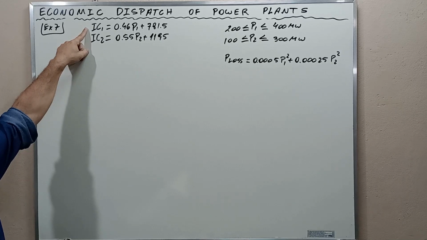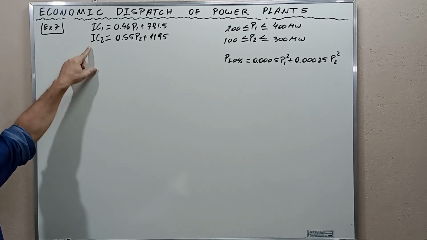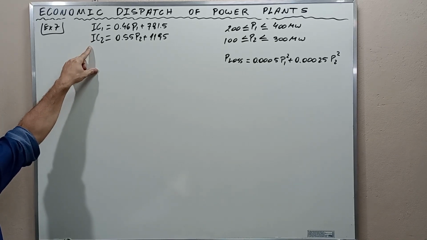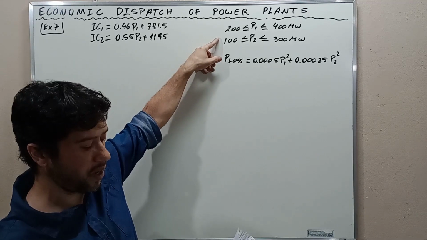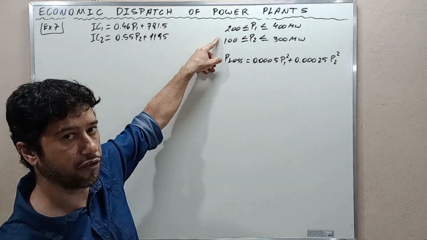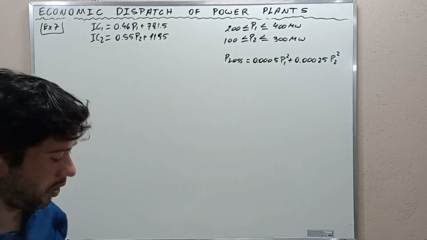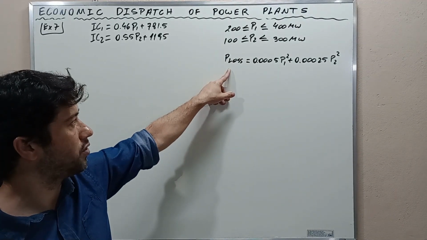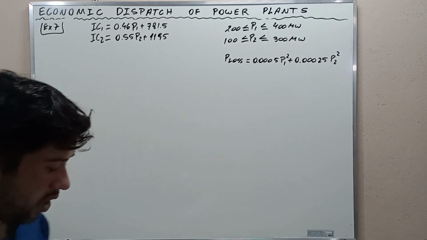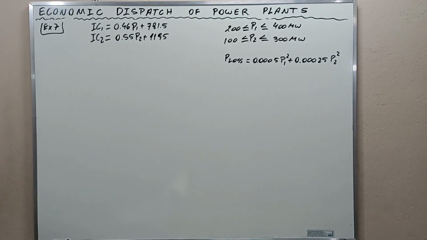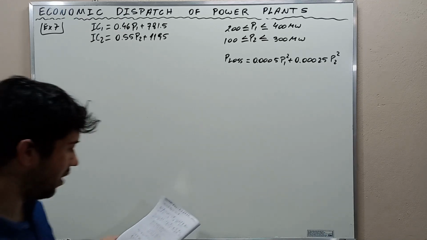this is the incremental cost of operating power plant 1, and this is the incremental cost of operating power plant 2. And their limits of operation are these. If the system losses can be calculated using this expression, find the optimal dispatch schedule if the power plants are to supply a load of 478.75 megawatts.